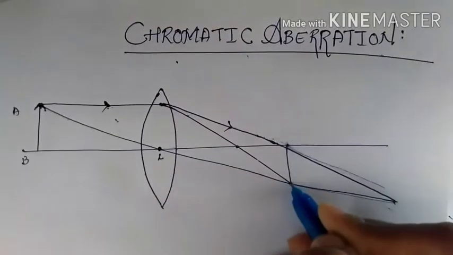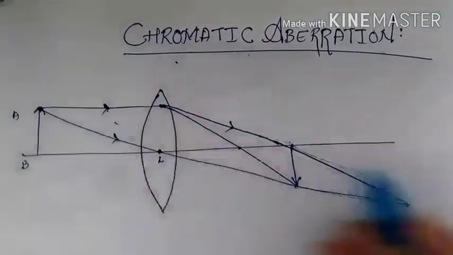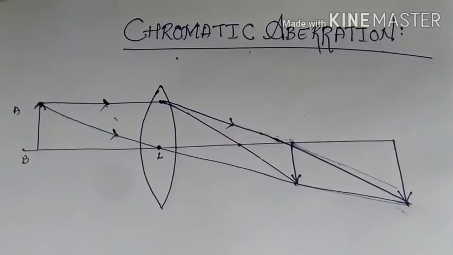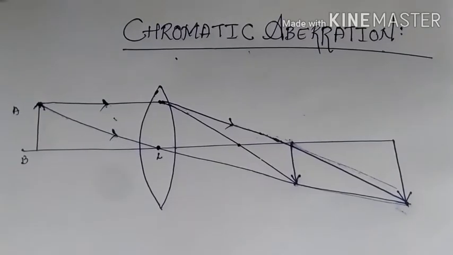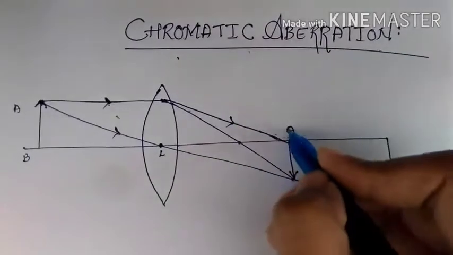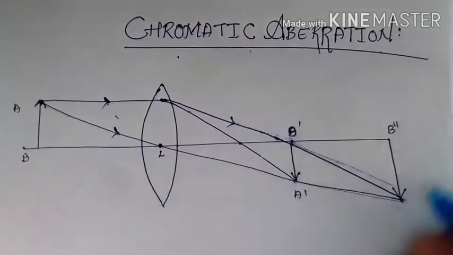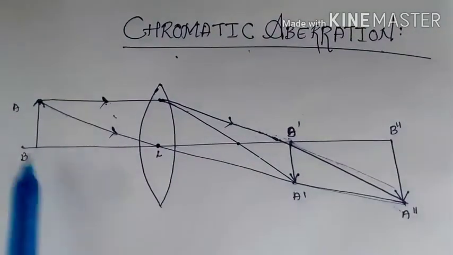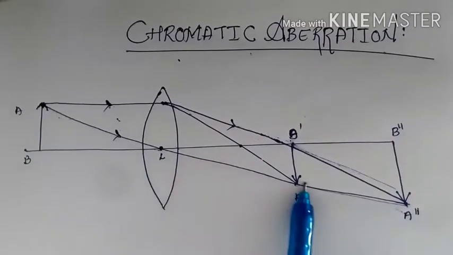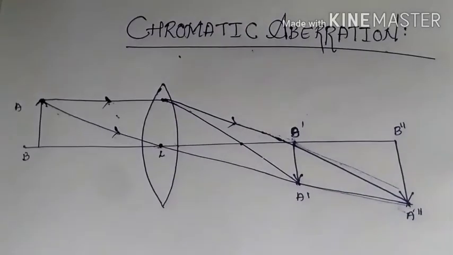Now if you join these rays, you get an image, and here there is again an intersection of rays, so you get another image. Let's call these B prime, A prime, and B double prime, A double prime. There is another ray passing through the center of the lens, and this ray cuts both the rays at a particular point.